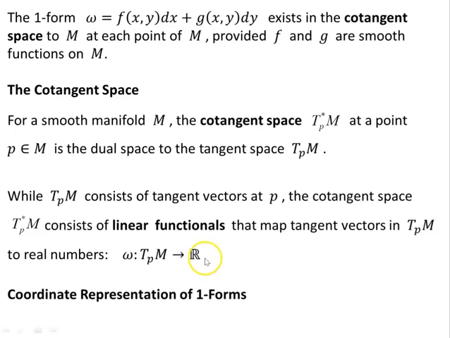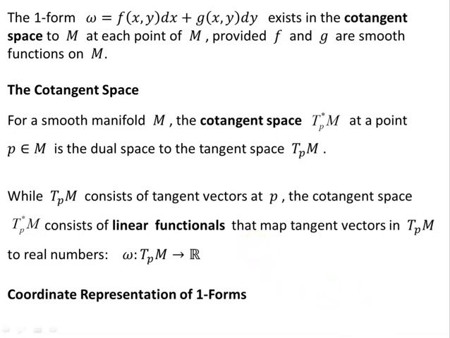In those first 4 videos I go into that and show you repeatedly the action of one forms on vectors, the action of two forms on two vectors, and a three form will act on 3 vectors, so a 3 form will take 3 vectors in the tangent space and return a scalar.